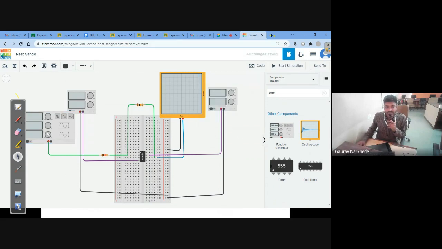Now you can see the input and the output also, and let me simulate it. It will take some time.